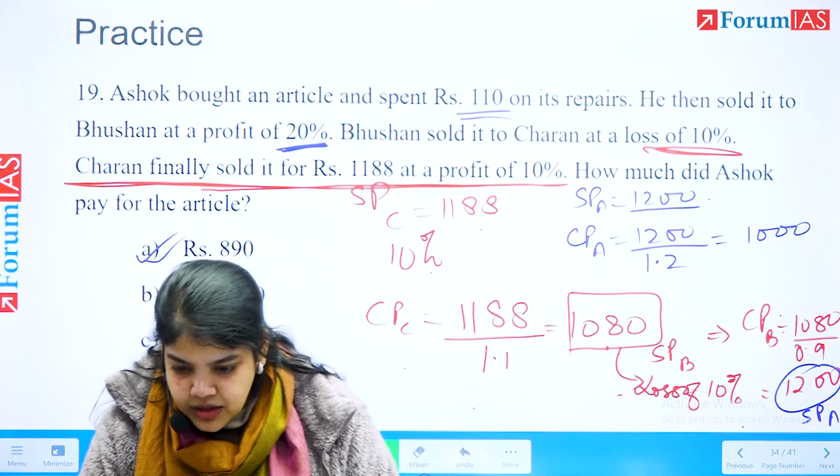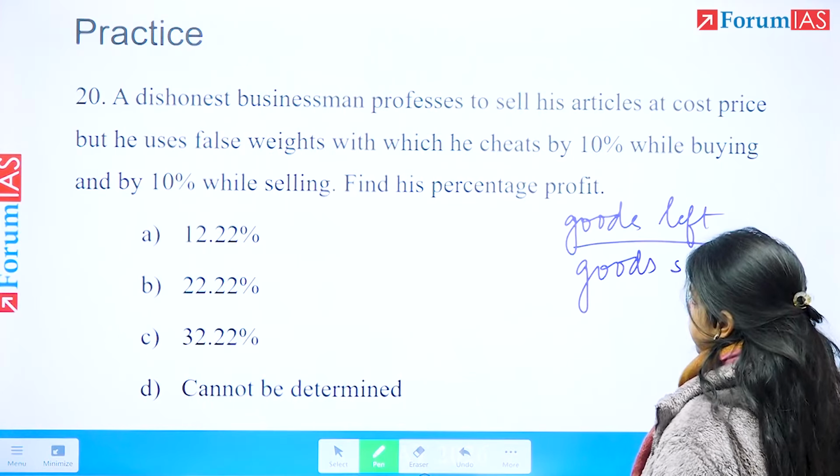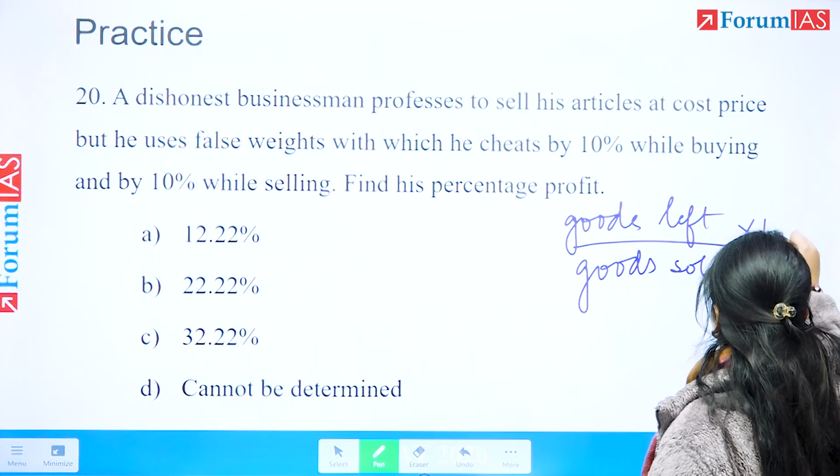Next question. We've done this already. A dishonest businessman professes to sell his articles. Remember, goods sold minus goods left divided by goods sold. Use that. A dishonest businessman, please read the question. Formula: goods left upon goods sold into 100.